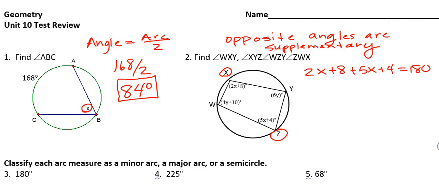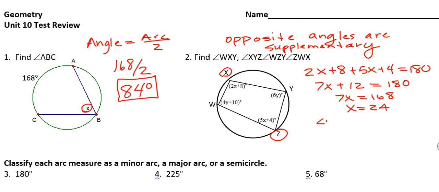When I add the 2x to the 5x, I get 7x. When I add the 8 to the 4, I get 12. I'm going to subtract 12 from both sides, and I get 7x equals 168. When I divide 7 into 168, I get that x equals 24. Then we plug that x back in to get our angle measures.